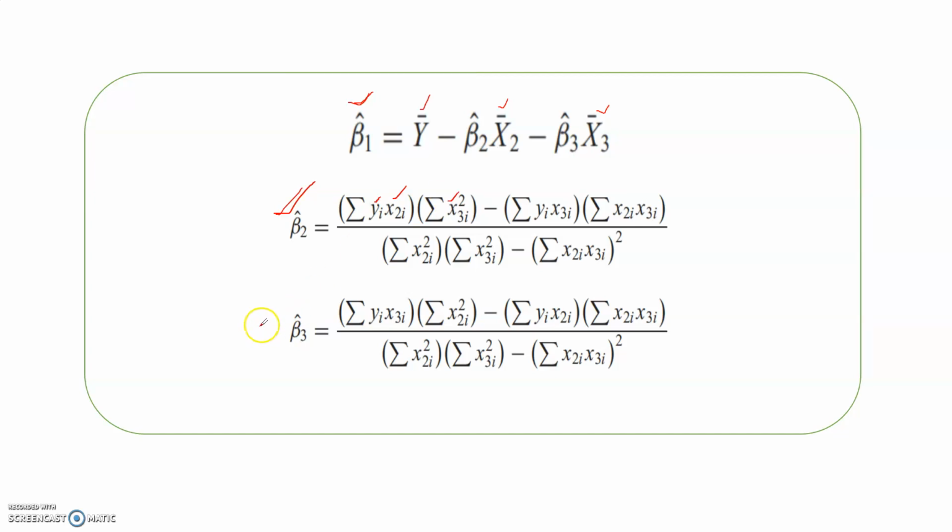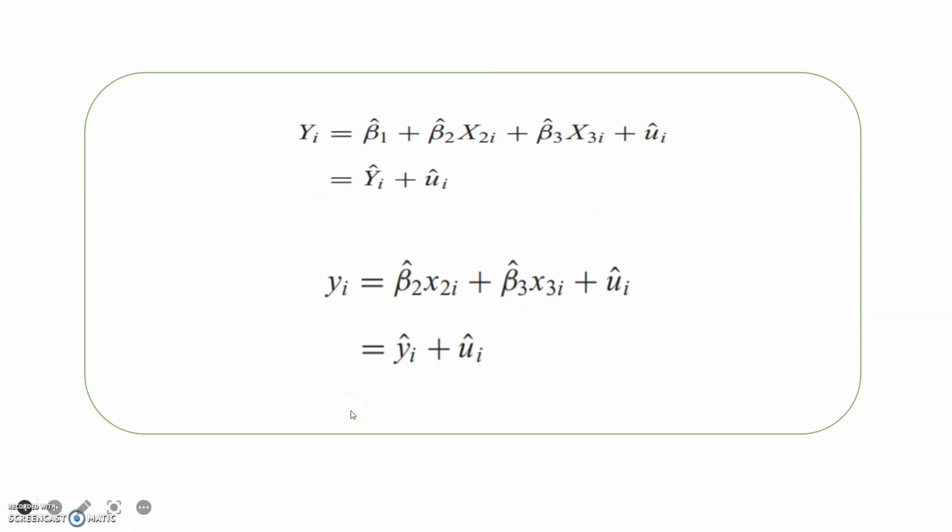And for calculating the value of beta 3 hat, we use this formula. Once we have all the values of the deviations, we'll be able to find the values of beta 2 hat and beta 3 hat simply by applying these formulas.